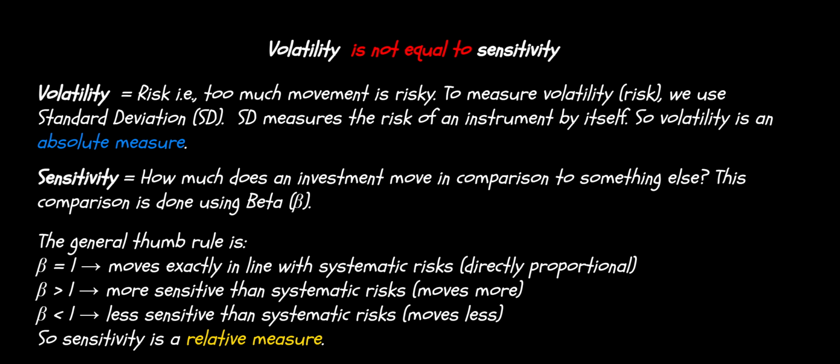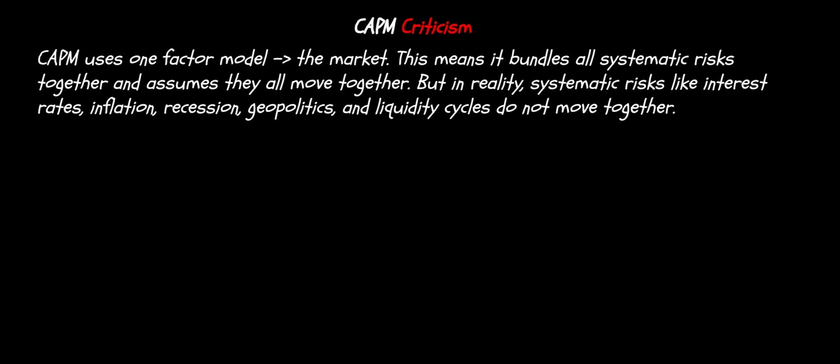Like everything else, CAPM has some criticism. CAPM uses one factor, the market. This means it bundles all systematic risk together and assumes them all move together. But in reality, all systematic risk never move together.